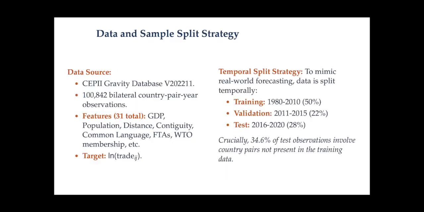As I mentioned briefly, the data source is the CEPII gravity database. I used version 2022-11, and it has thousands of bilateral country pair-year observations. The main variables it contains are GDP, population, distance, contiguity, common language, FTA, WTO membership, and EU membership, with a little bit of diversity in how to measure GDP, population, and common language.